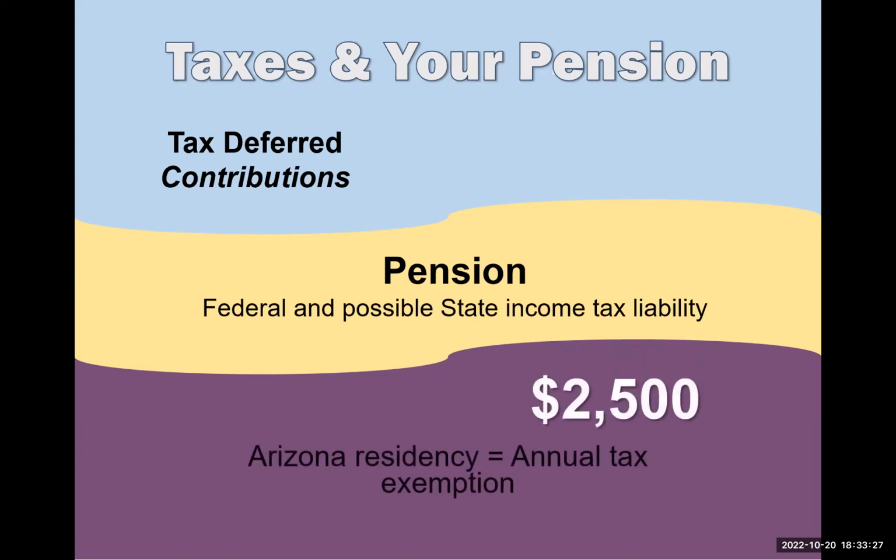Also, there is a $2,500 tax exclusion for Arizona residents if they are retiring from the state of Arizona and reside here. That means that if you have an income of, say, $50,000 in retirement, then you will be taxed on $47,500. It's not a special form you need or anything. It's automatically done when you are filing your taxes based on the codes that are input.